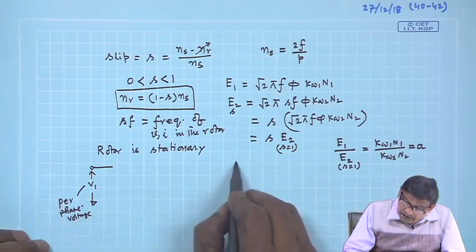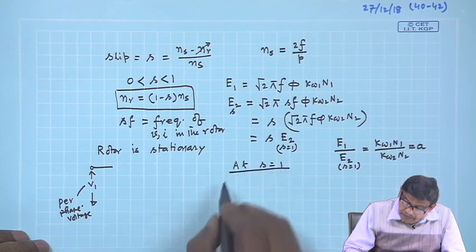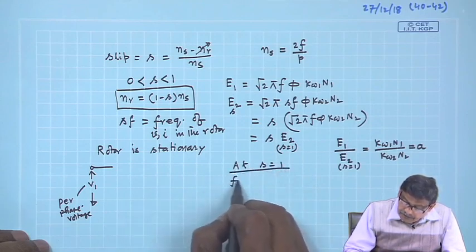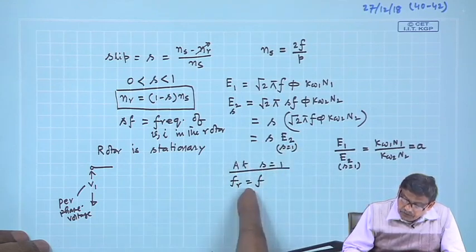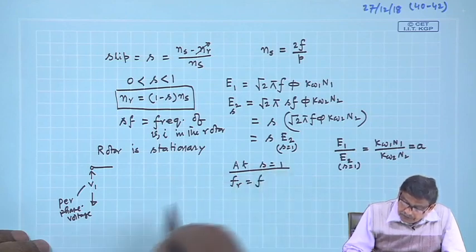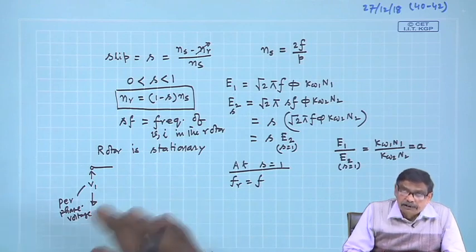At S equal to 1, Fr is equal to f, because Fr is S into f and S equals 1. Standstill condition means S equal to 1.